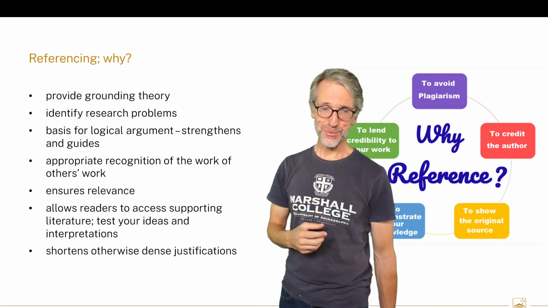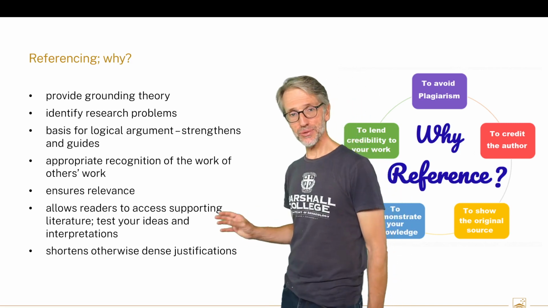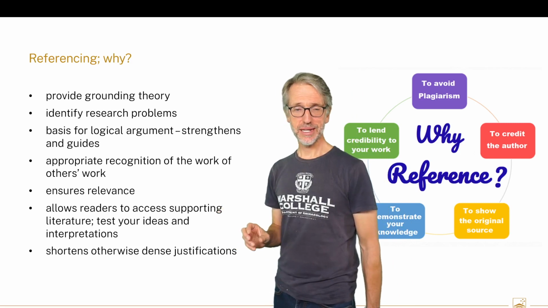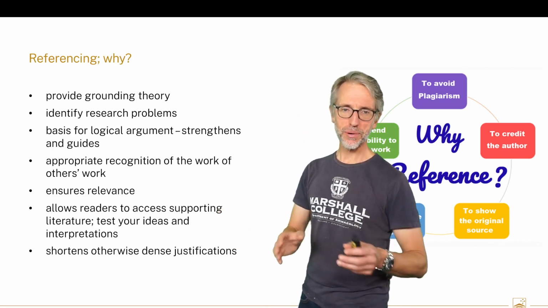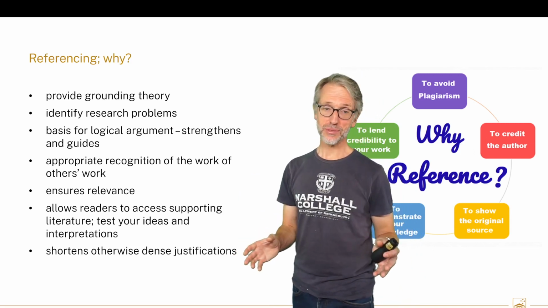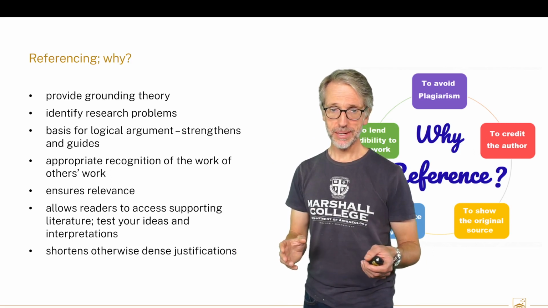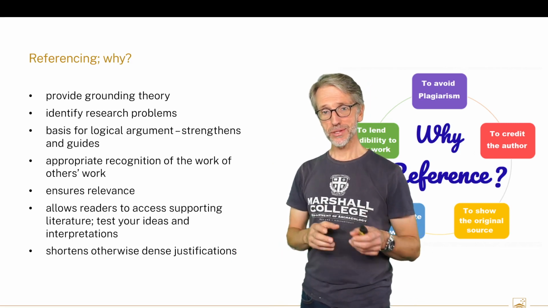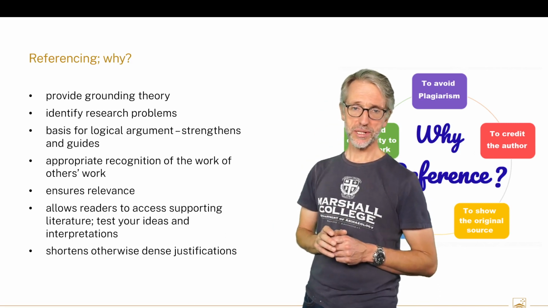Now, one of the real benefits associated with highlighting literature is it allows you to shorten your writing, especially when it comes to method sections, where we are always called upon to write about the full methods we've used in a paper. When we cite a paper that has used a similar method, we can truncate that written material quite substantially.